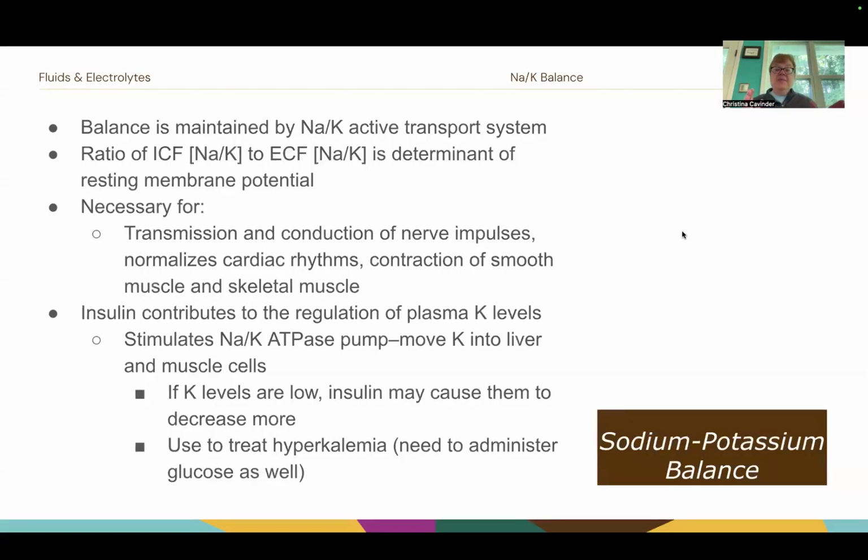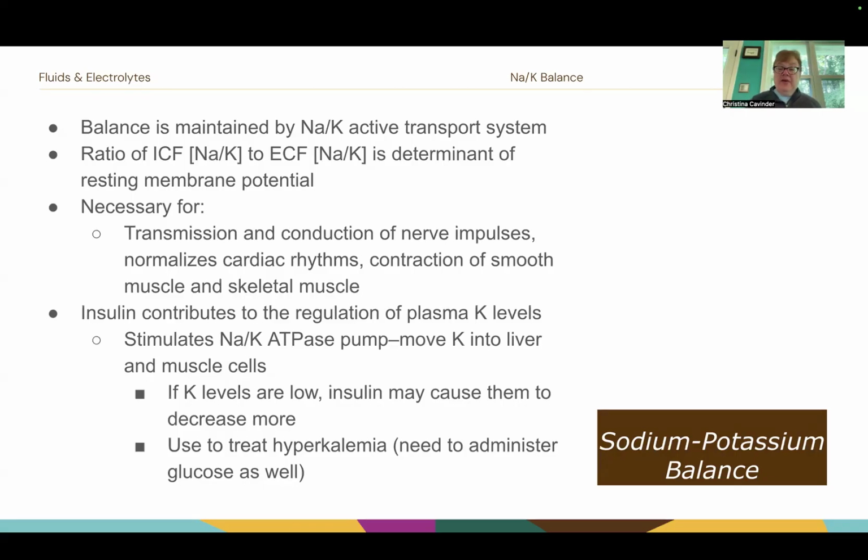Again, that balance is maintained by active transport. Active transport means it has to have an energy source, and that's ATP. So it's the ATPase, or the breakdown. ASE always means breakdown. ATP breakdown is the energy source to pump them across the cell membrane.